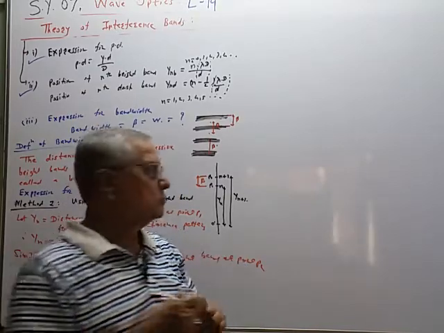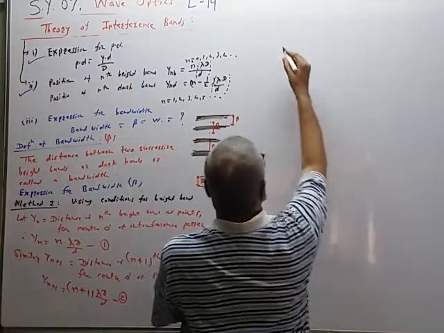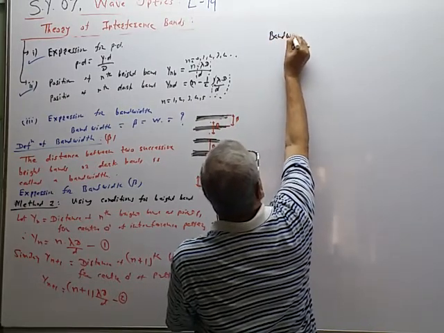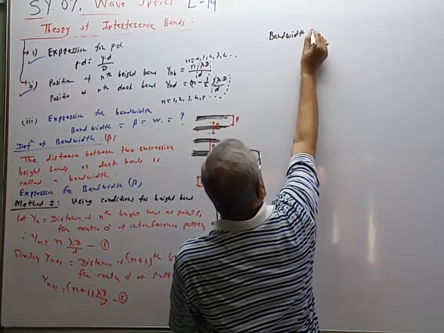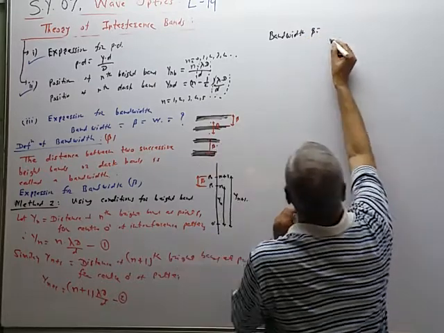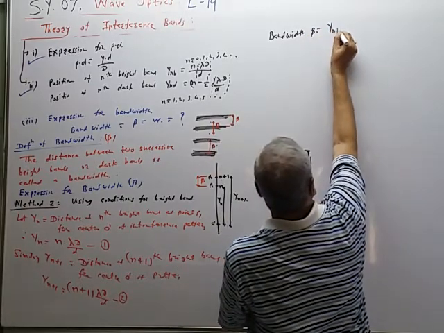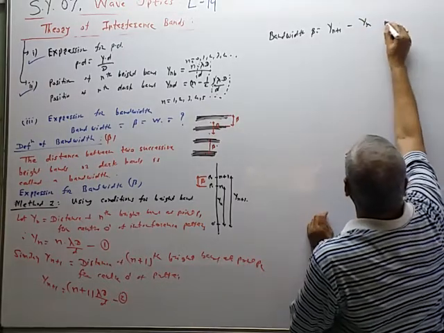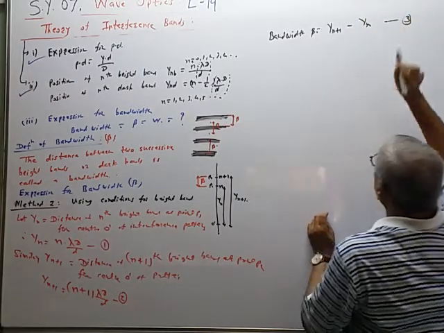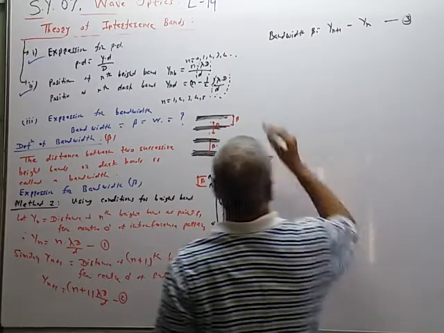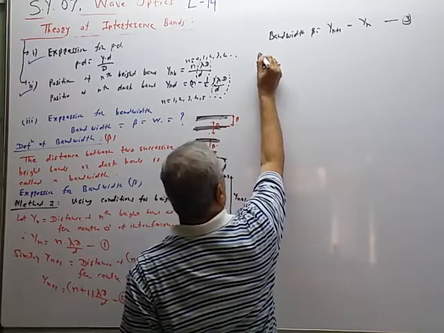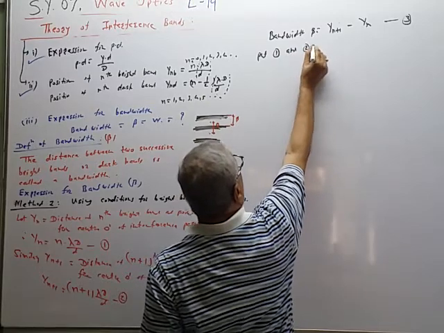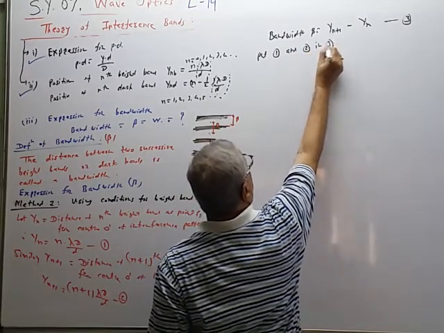So by definition, bandwidth beta is equal to the distance of the n plus 1th bright band minus the distance of the nth bright band. So this is equation 3. Therefore put 1 and 2 in equation 3.